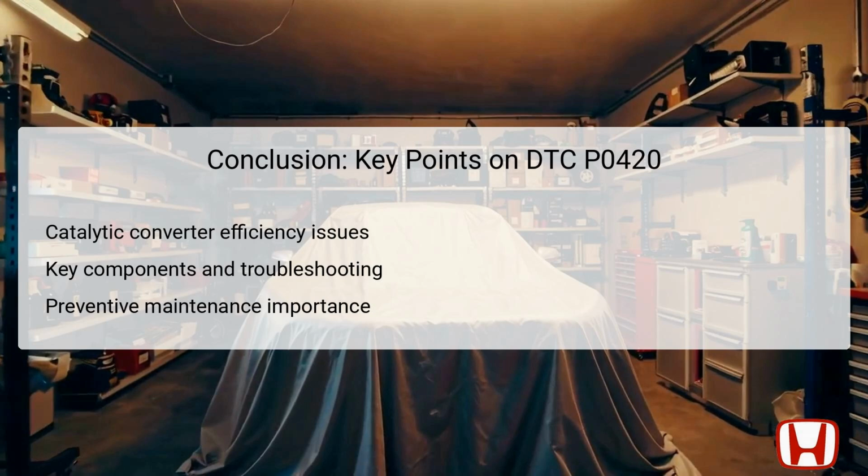Understanding how these components work together is crucial for diagnosing and rectifying the problem effectively. In addition, implementing preventive maintenance strategies, such as using high-quality fuel and maintaining regular engine performance checks, can greatly reduce the risk of encountering similar issues in the future. By adhering to these guidelines, owners of Honda Accords can enjoy a smoother driving experience and contribute to better environmental health.